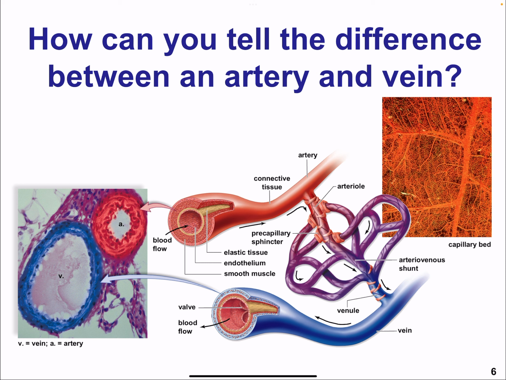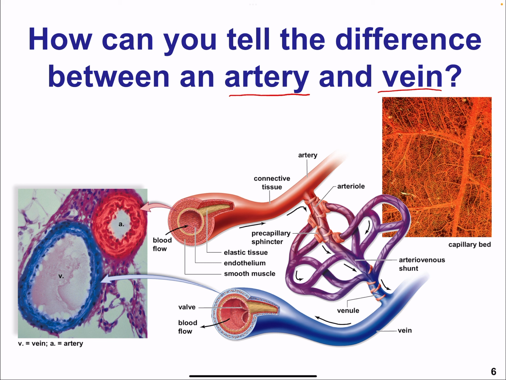Now, before we dive into that relationship, let's first of all see how we can tell apart different organs of our circulatory system, and specifically arteries and veins.